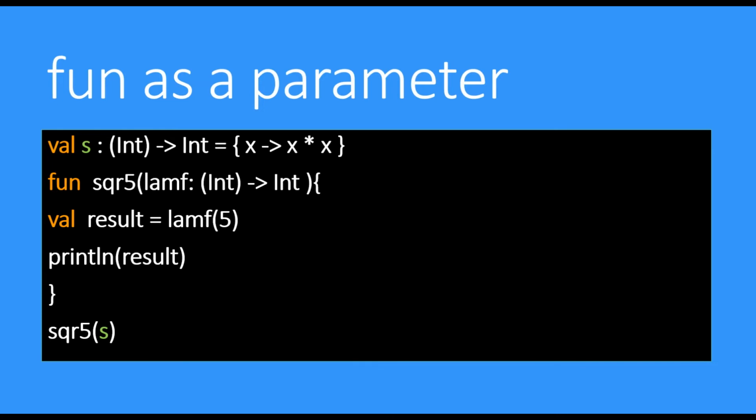In order to call this function, we have to give another function as a parameter. Specifically, it requires that lambda function, with a parameter of type int and a result of type int.